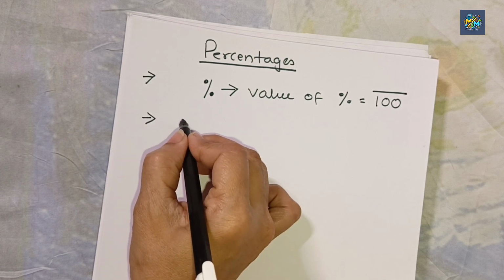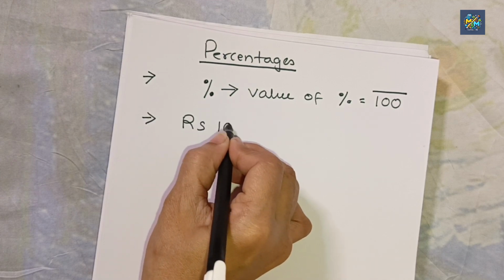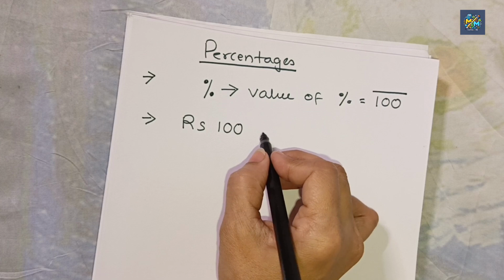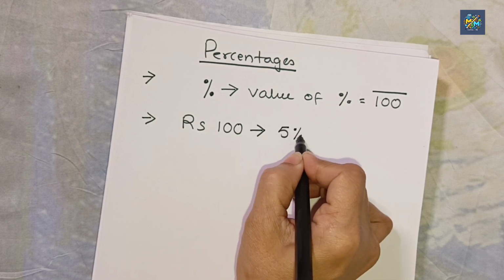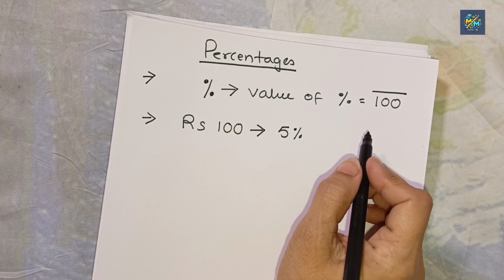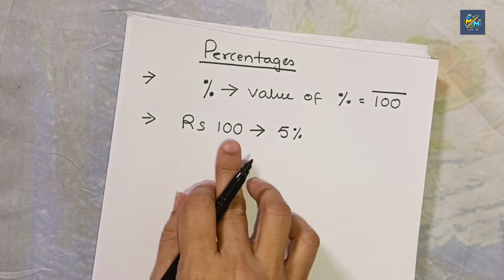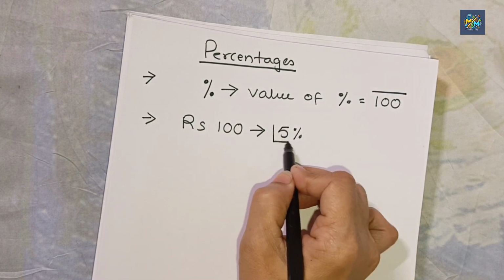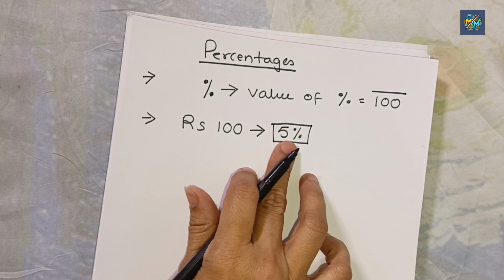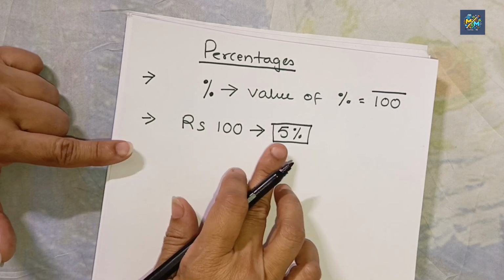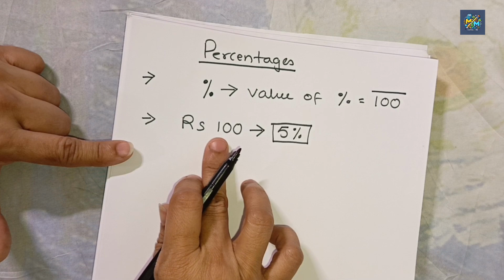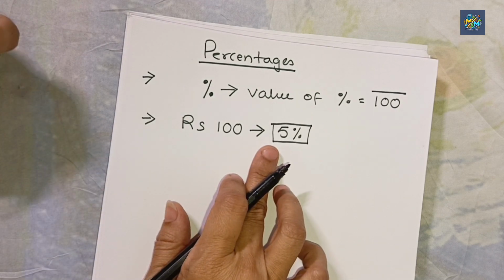Let's assume I have rupees 100 and I have to give 5% to someone. This is the amount written in percentage. So exactly I don't know what 5% of rupees 100 is in rupees.